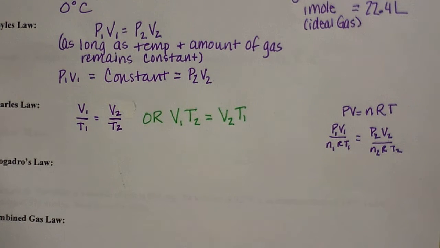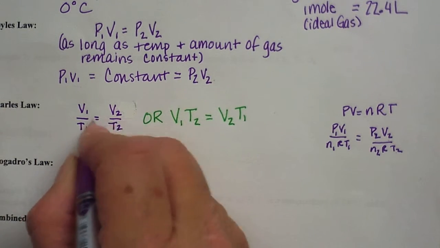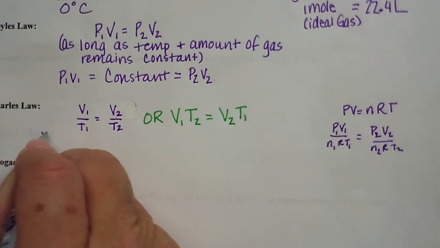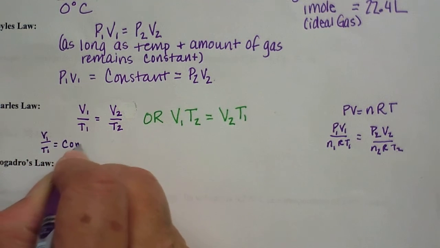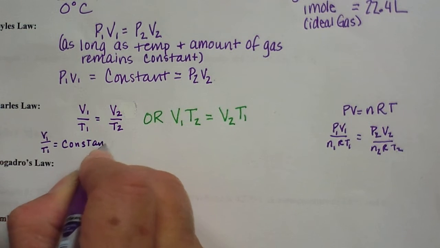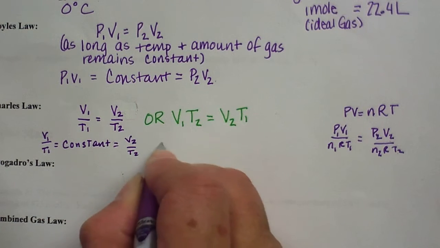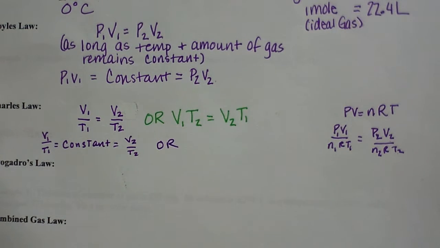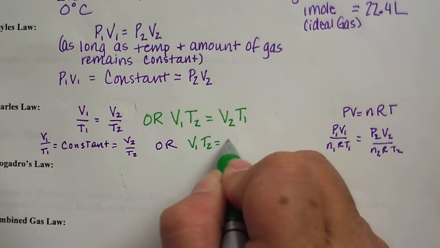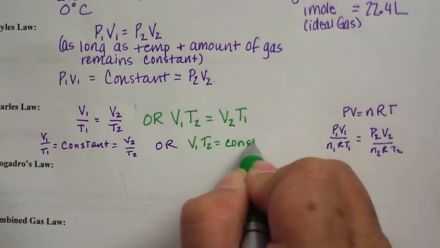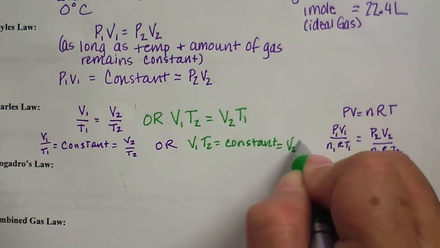Now, if we set this to a constant, you're going to put the constant in between, so you would get V1 over T1 equals constant equals V2 over T2, or you're going to get V1 T2 equals constant equals V2 T1.